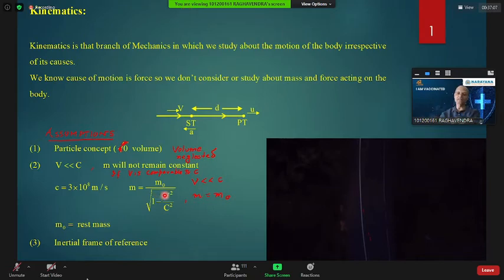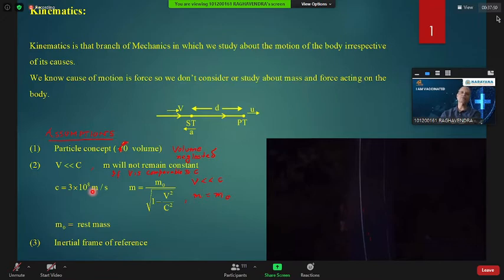A question they had asked: if v is equal to 0.866 c. c is the velocity of light, beta, you know, a very standard symbol, 3 times 10 to the power 8 meter per second. You can see if the velocity of any body is root 3 by 2 c, meaning 0.866 c, the mass of the body will be doubled. v squared by c squared becomes 3 by 4. 1 minus 3 by 4 is 1 by 4, root is 1 by 2. m will become 2 m naught.